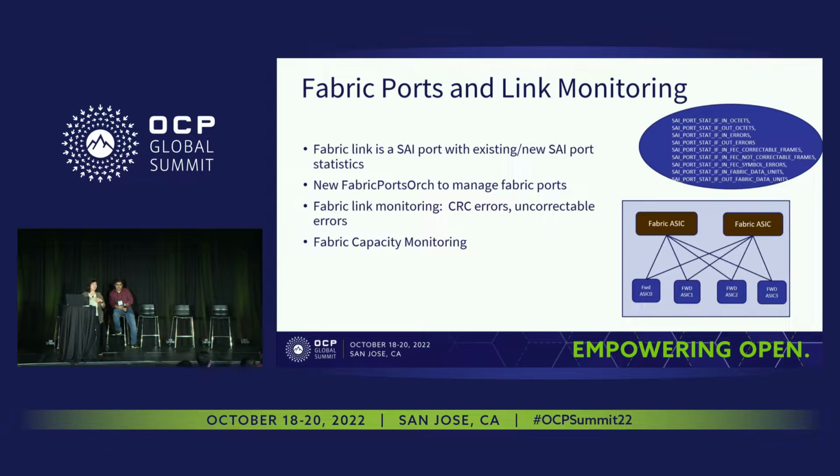With this, the community also added a fabric link monitoring feature to monitor the CRC errors and uncorrectable errors. And then we could also see the fabric link status, receive and transmit cells, etc. So monitoring the internal link health is very important.